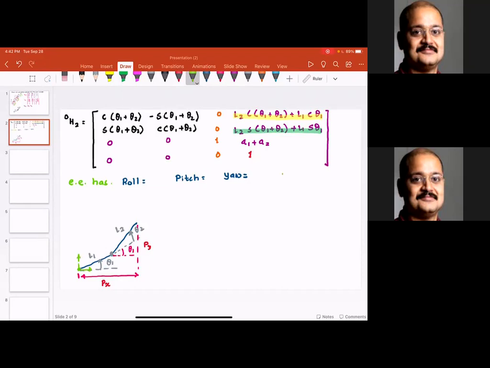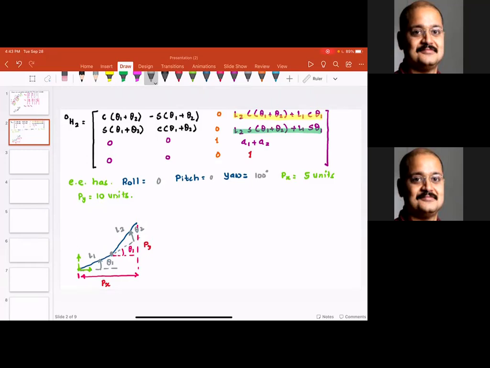And Px is equal to say 5 units, and Py is equal to say 10 units. So the problem statement would look like you would be given some angle. In this particular robot, the roll angle is 0, the pitch angle is 0, and maybe it has some 100 degrees yaw angle.